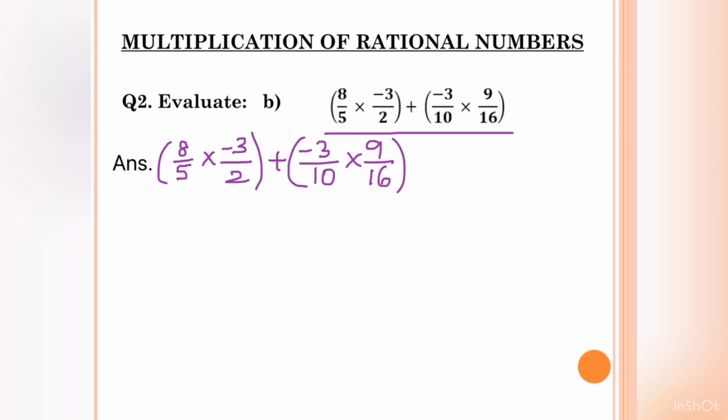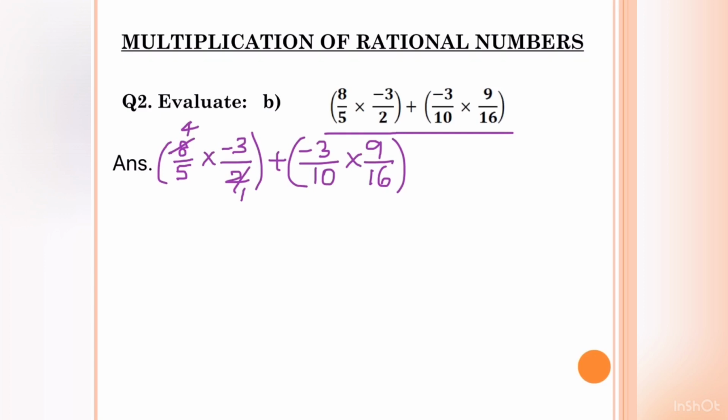Now in this 8 and 2 have 2 as common factor. So let's cancel it. 2 times 4 gives 8. 2 times 1 gives 2. And in the second bracket, we don't find any common factors.